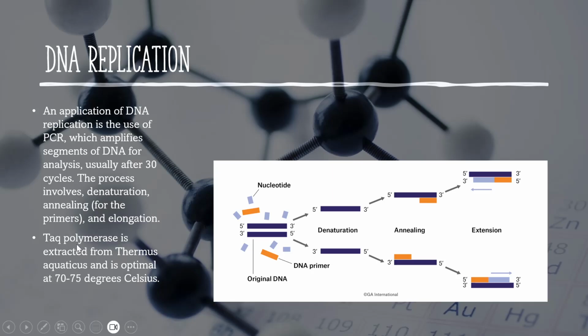We want Taq polymerase specifically because it can survive the denaturation process. Other polymerases wouldn't be able to survive it. In fact, Taq polymerase is optimal at 70 to 75 degrees Celsius. Some of the higher-end ones can be optimal at 80 degrees Celsius, which is insane to me, considering normal body temperature is 37 degrees Celsius. So this is a great molecule for PCR.